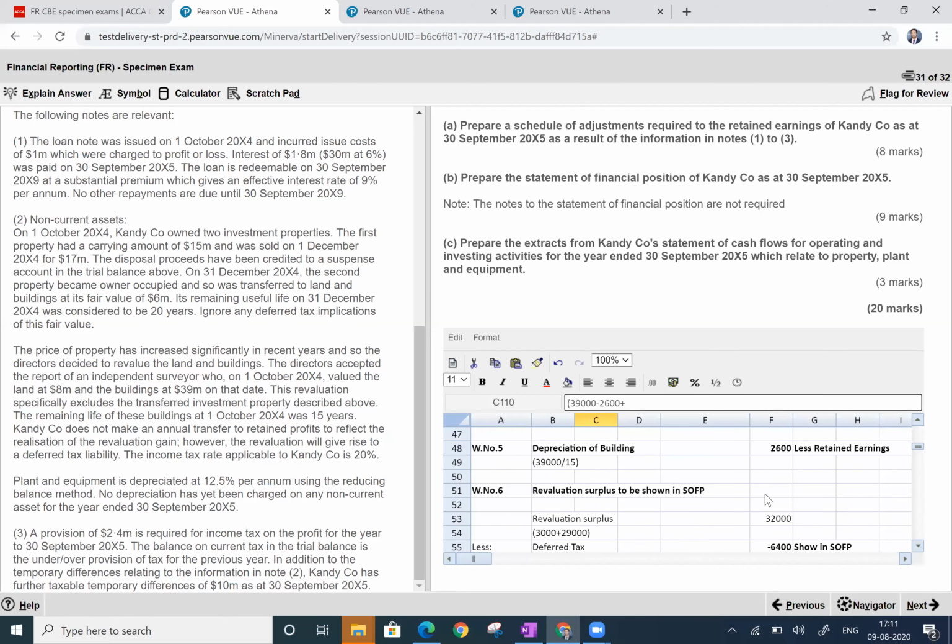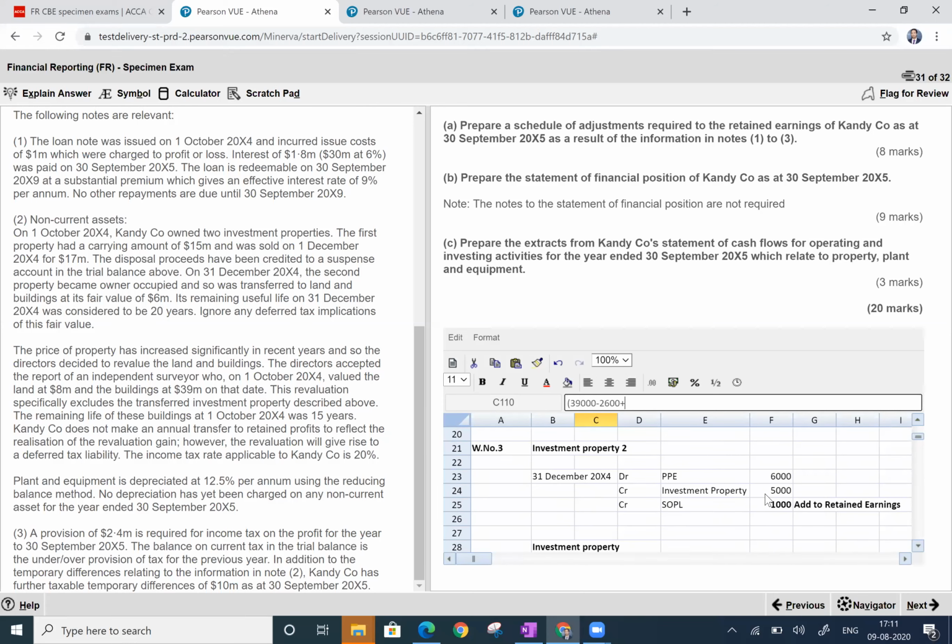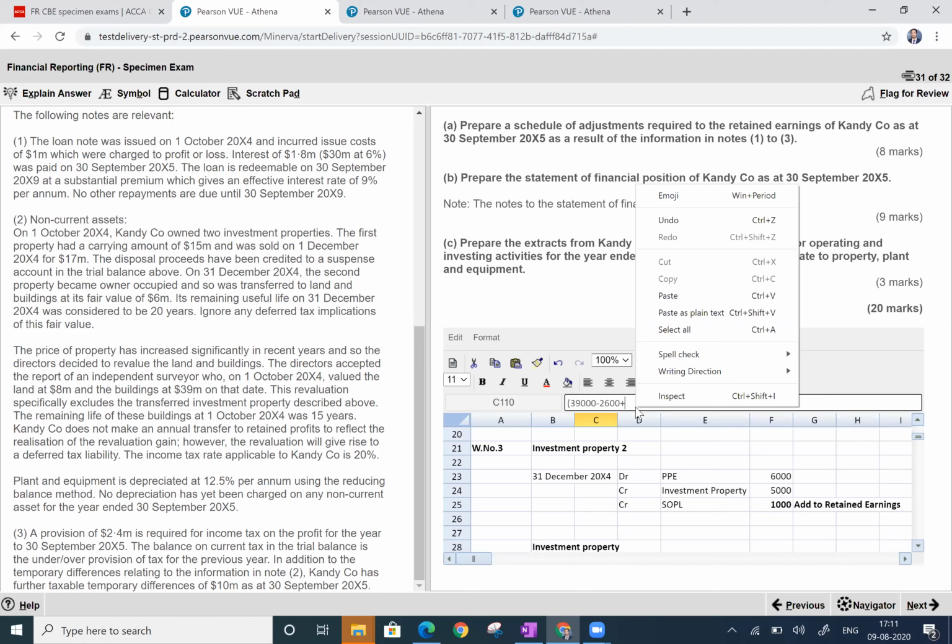The investment property that you have shown as PPE, do you have to add 5 million or 6 million? You have to add 6 million, 6,000, because you have passed the journal entry, debit PPE, 6 million.